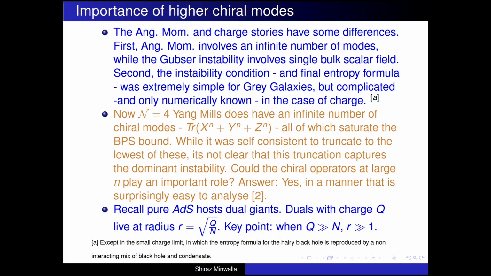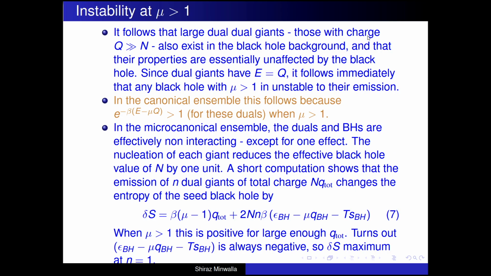It was essentially a subject of numerics. Okay, I described the hairy black holes that were constructed, allowing for condensation of just the lightest chiral mode. Turns out there's a consistent truncation in supergravity that allows you to do this consistently.